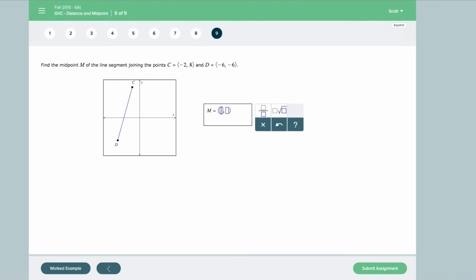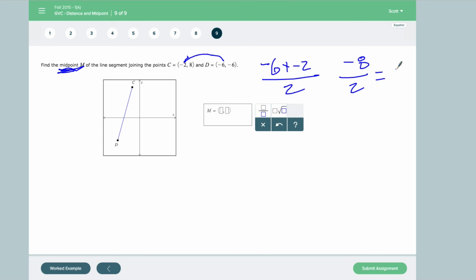And number 9 is also the midpoint. So we have these two to add together. Negative 6 plus negative 2 divided by 2, and that gives us negative 8 divided by 2, and that is negative 4. Okay, so there's our x. We do the same thing with y.